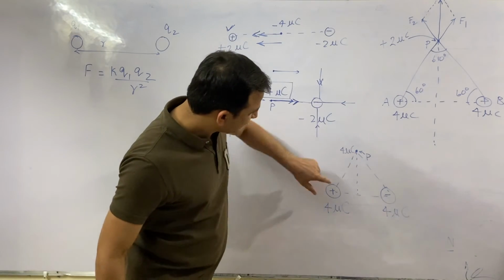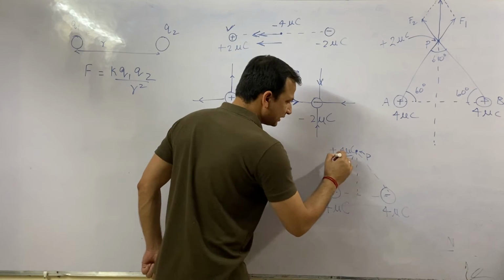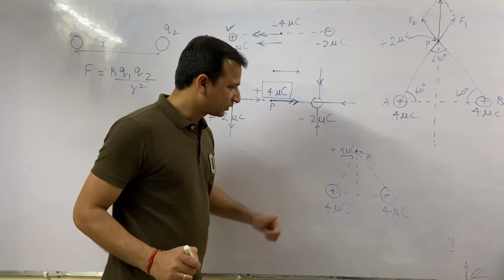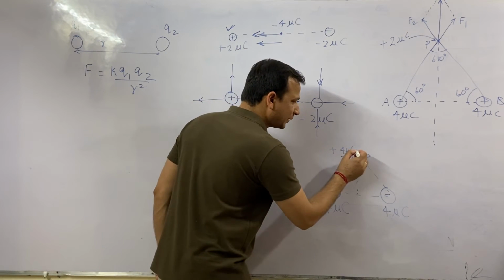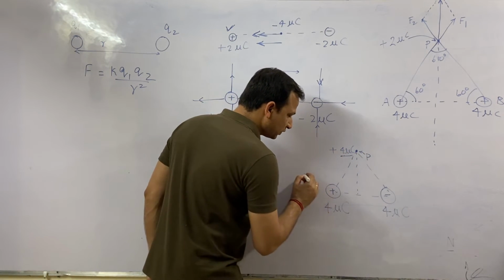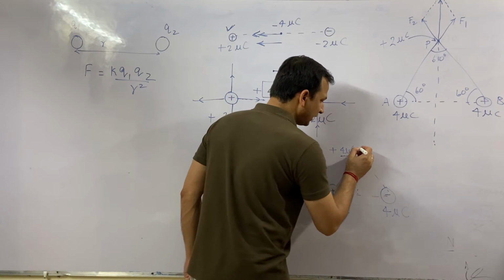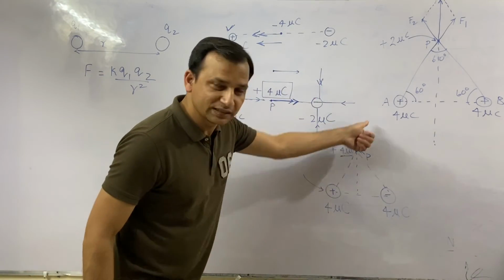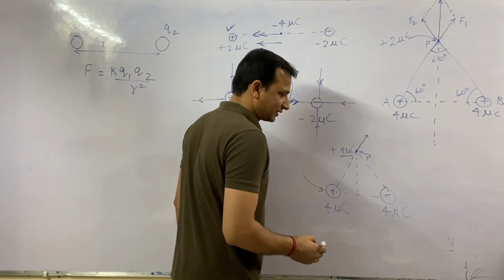So this 4 microcoulomb charge which is kept at point P is positive in nature. This one is positive in nature, 4 microcoulomb, so they both will repel each other. So the direction of force at point P due to this 4 microcoulomb charge would point away from the charge, something like this. And now this one is interesting.